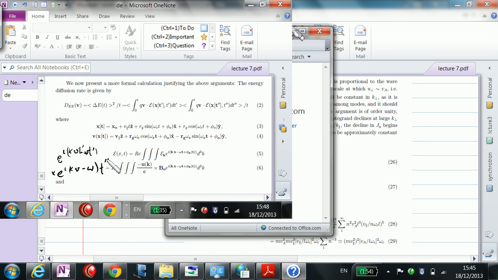And this is equal to basically e to the i k v, and actually to get the real part of a square, I just take the complex conjugate the second time.